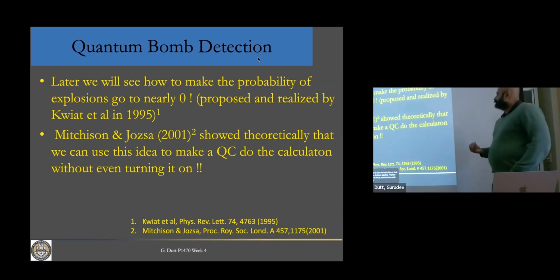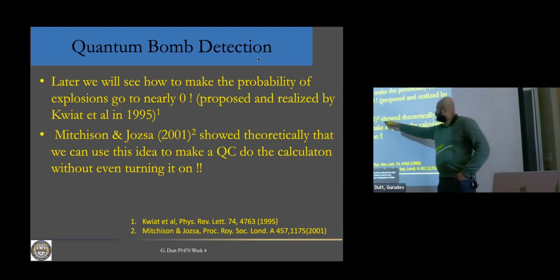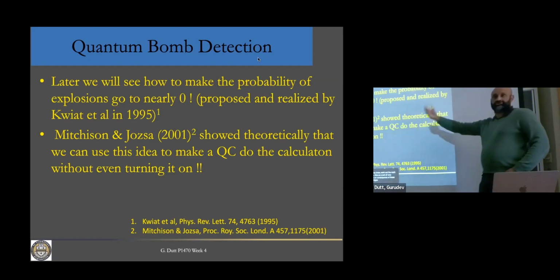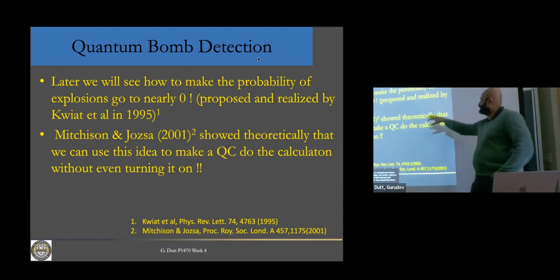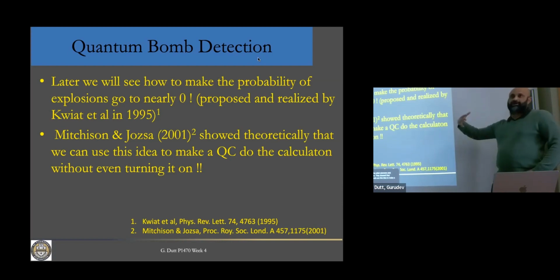Also, as a very interesting corollary of these ideas, in 2001, Mitchison and Jozsa, one of the other pioneers in quantum algorithms, showed that theoretically we could use this idea to make a quantum computer do the calculation without even turning it on.